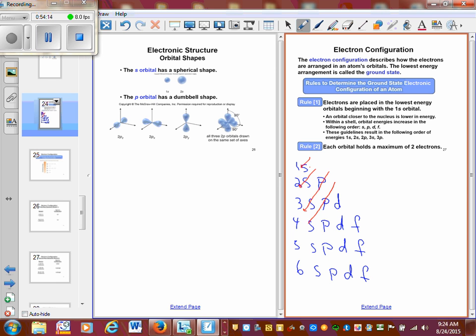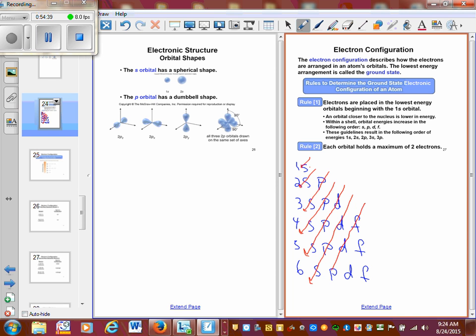Now I come back up to the top, go through the 3d, the 4p, the 5s. It misses everything. Now I come up to the 4d, 5p, 6s, 4f, 5d, and 6p.